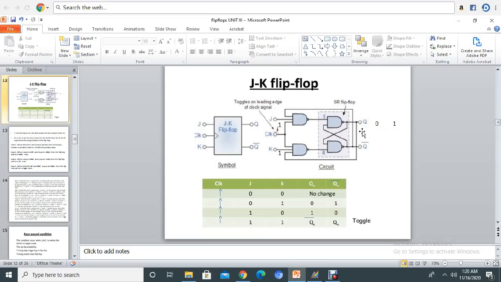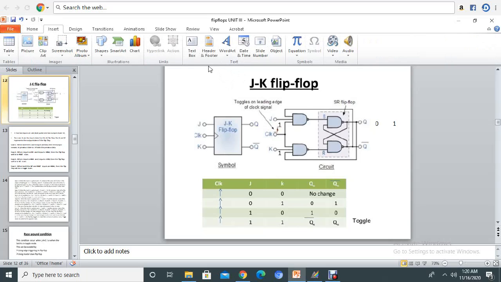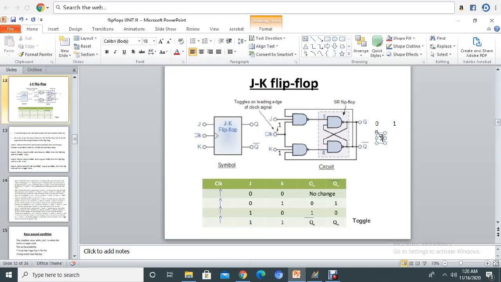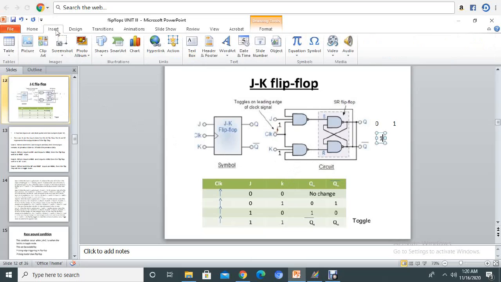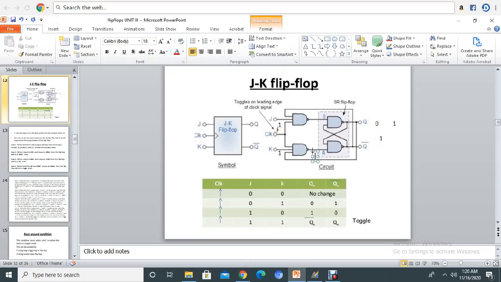I am assuming that Q is equal to 1. Q is 1. This 1 is applied to here, so all are 1. So here you can get 0. Now one of the inputs is 0, so you will get 1. Q bar is 1.